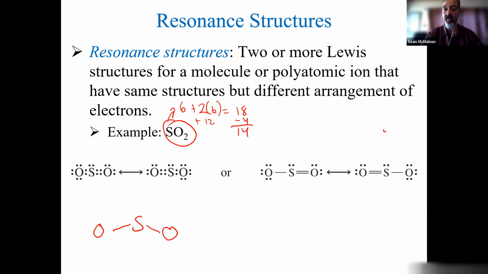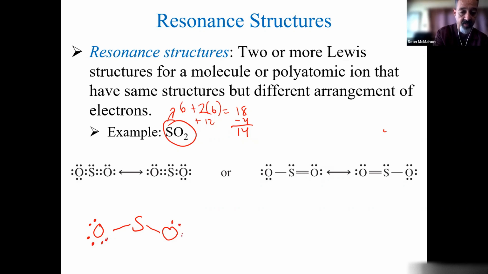So going to the next rule, it says add lone pairs to the outer atoms to satisfy octets. Each oxygen has 2 electrons. They need 6 more. That would require 3 lone pairs. So 2, 4, 6, and then with the bond, that's 8.